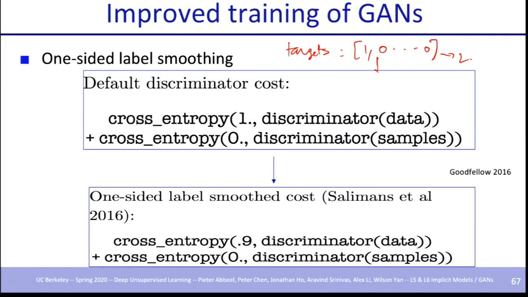So let's say you change this to 0.9, and let's say there are 4 other classes. You can just make the remaining ones 0.1 by 4, 0.1 by 4, 0.1 by 4, and 0.1 by 4. So you're just adding extra noise, they still marginalize to 1, but you're introducing this noise, and that way you make sure that the classifier doesn't have to be super confident.